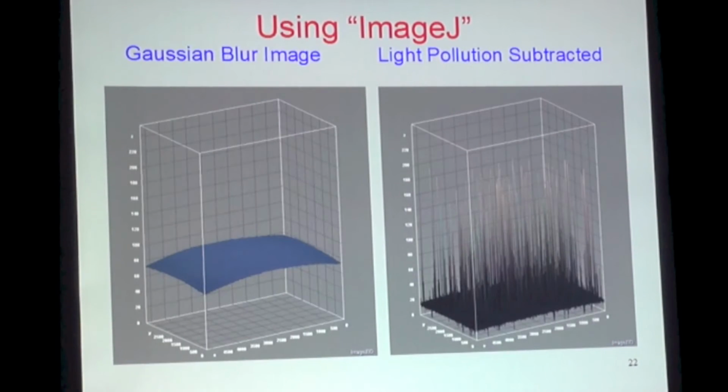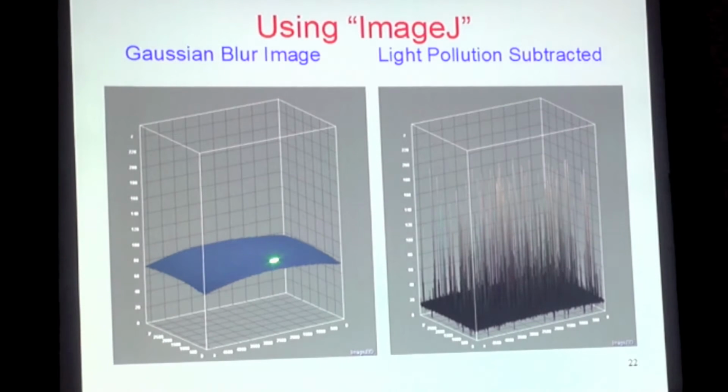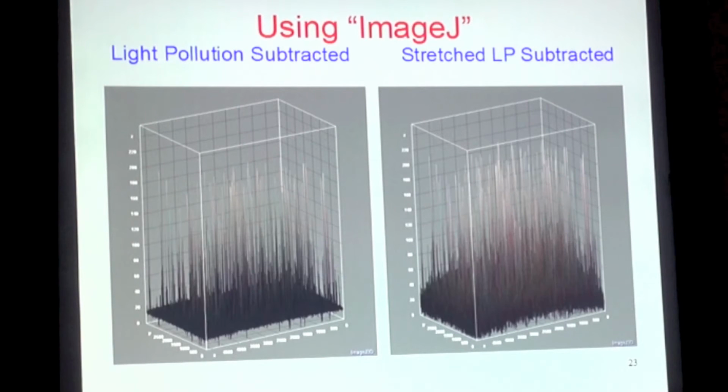Okay? So now this is where I've Gaussian blurred everything out. Here's the subtracted image where I've subtracted the light pollution image from it. Now watch this. If we do the subtraction, we still can't quite see the image in there exactly, but you can sort of see something happening here in the stretched image itself.